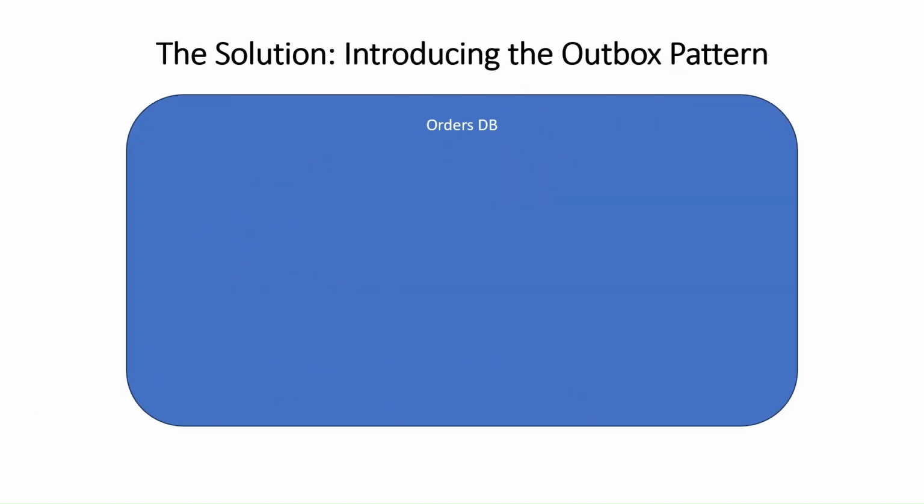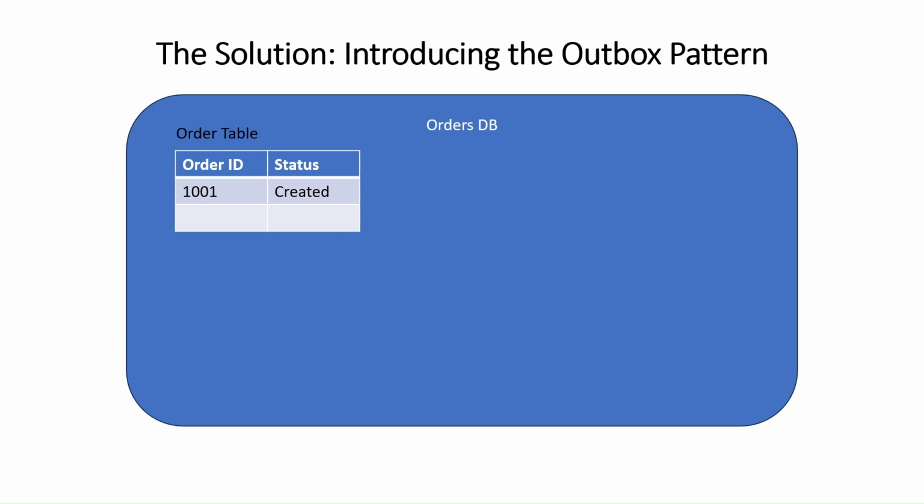As we have now understood the problem, we will use the Outbox pattern to solve it. Instead of publishing the event directly to Kafka from the service, we introduce another table called the Outbox Table within the same database.